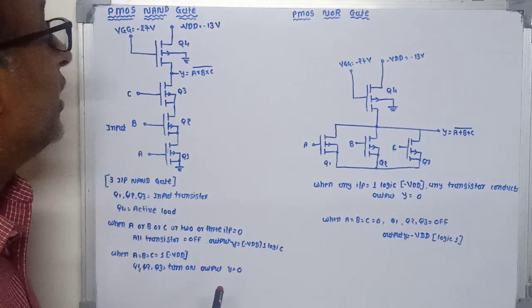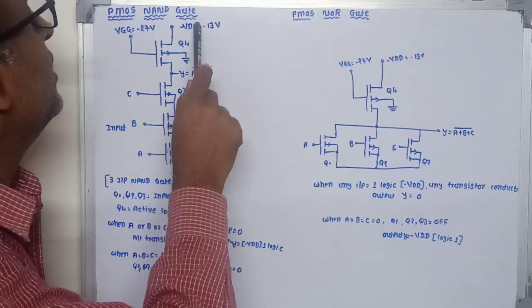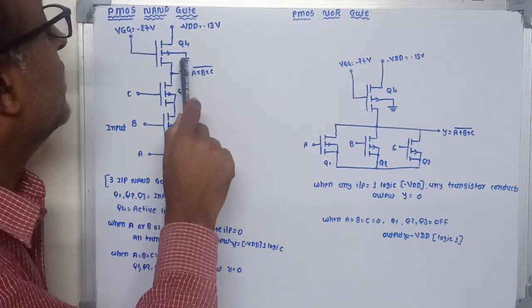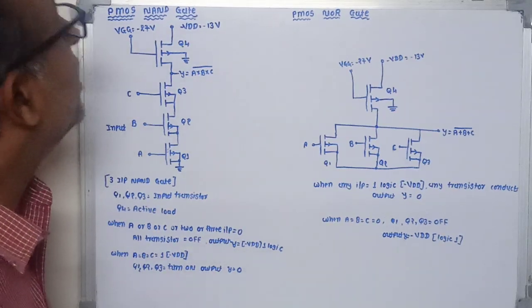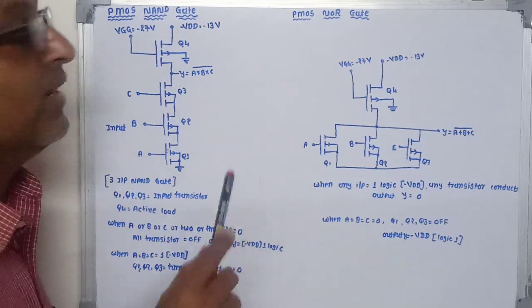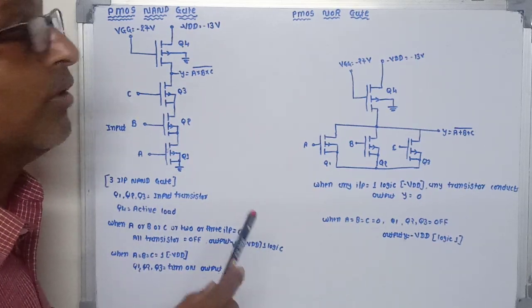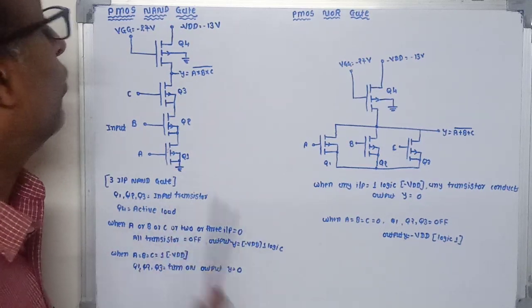So as a result, minus VDD voltage appears across this output terminal. So we will get minus VDD voltage at the output terminal, or we can say that our output Y becomes 1 or logic 1.